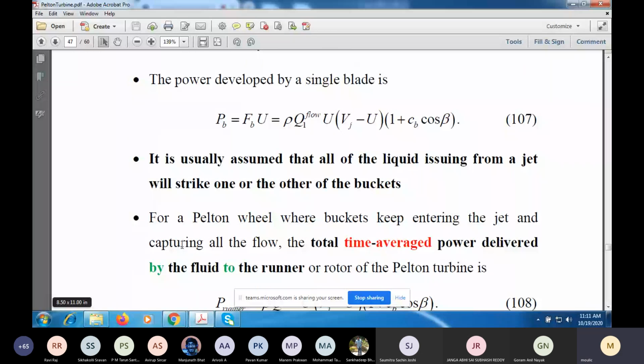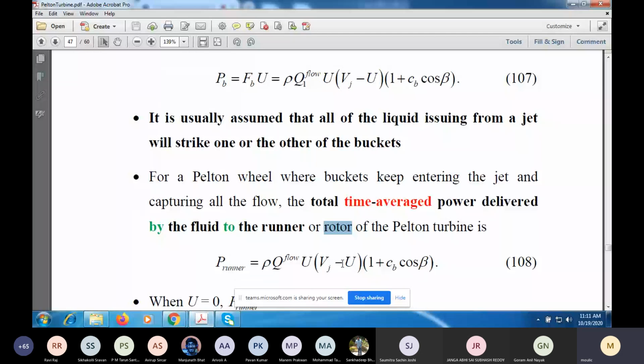So if you have a Pelton wheel where the buckets keep entering the jet and capturing all the flow, then the total time average power delivered by the fluid to the wheel, or the runner or the rotor of the Pelton turbine, which is mounted on the shaft, is given by an expression similar to what we have here.